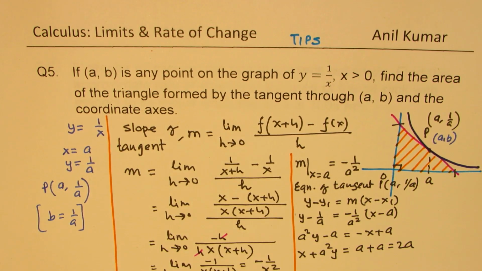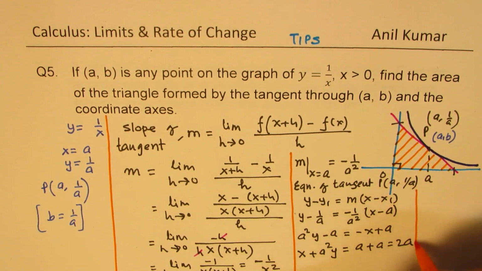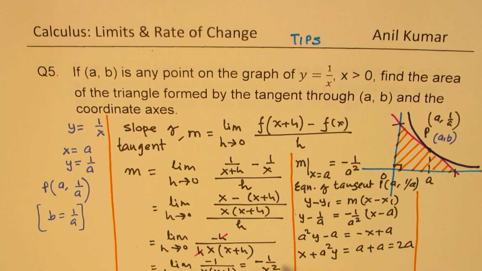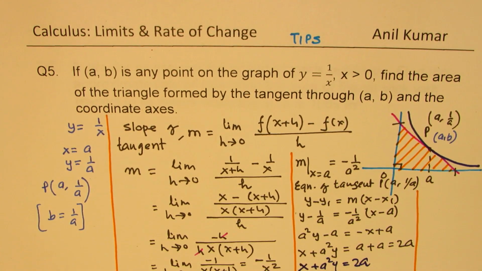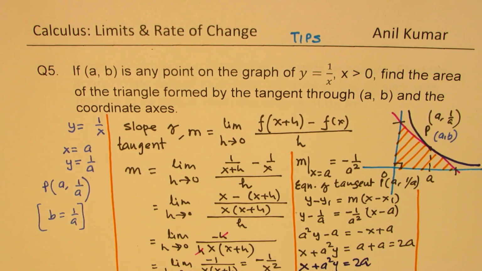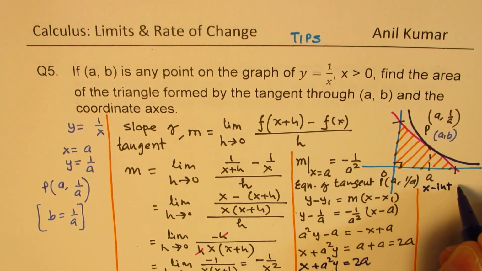Now, let's find the x and y intercepts. So we get our equation, let me write it in bigger letters, which is x plus a squared y equals 2a. Correct? Now, in this, what is the x-intercept?